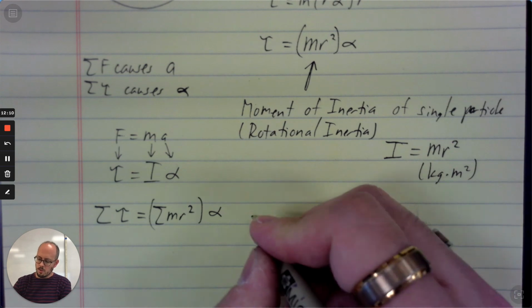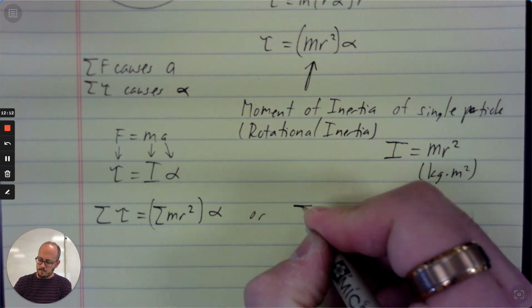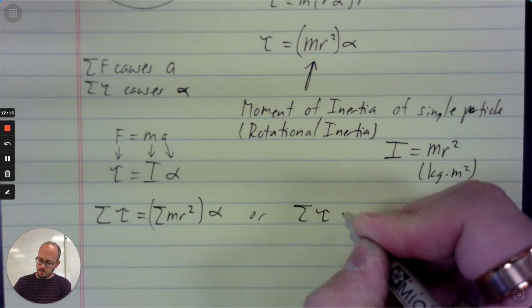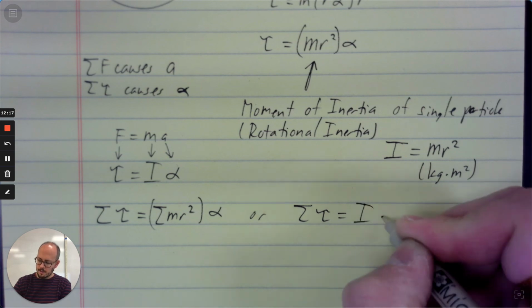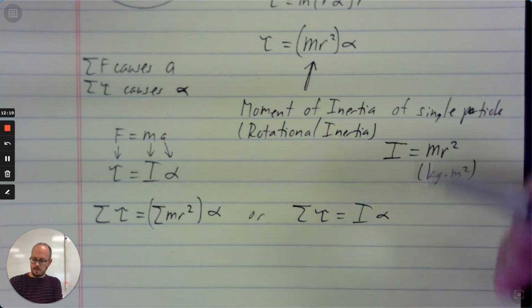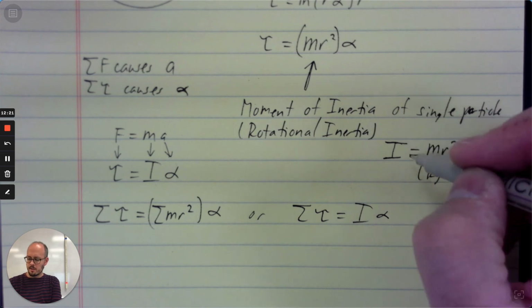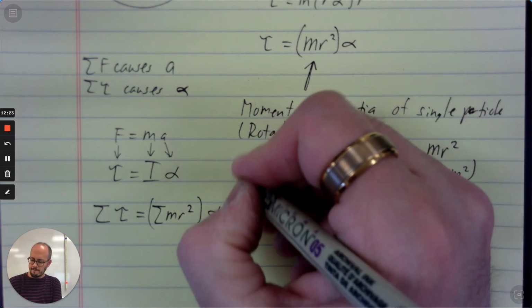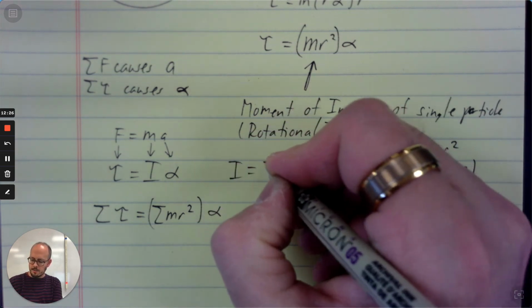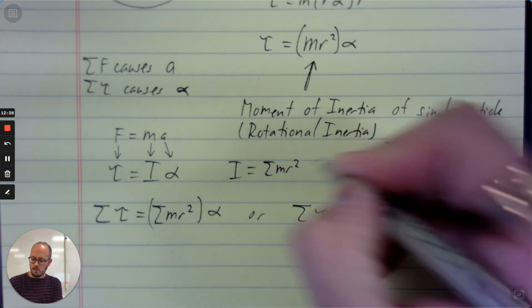So when we write Newton's second law for rotation, we write net torque equals I alpha, because the true way that we do moment of inertia is that it represents the sum of mr squared for each particle.